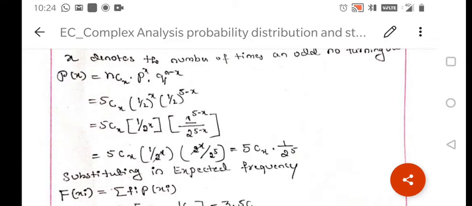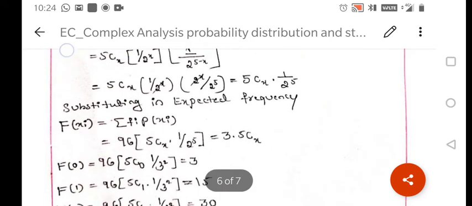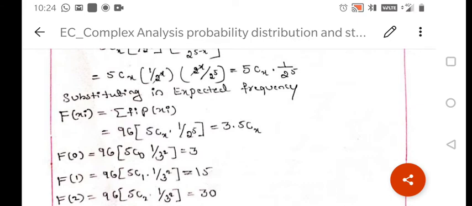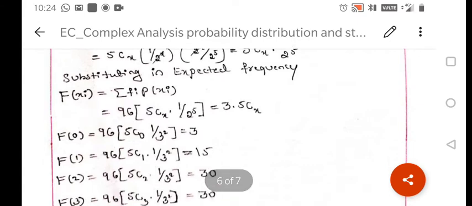That is 5Cx into 1 by 2 raised to x into 1 by 2 raised to 5 minus x, which comes around 5Cx into 1 by 2 raised to 5. Substituting in the expected frequency, F of xi will be the summation of fi into P of xi.